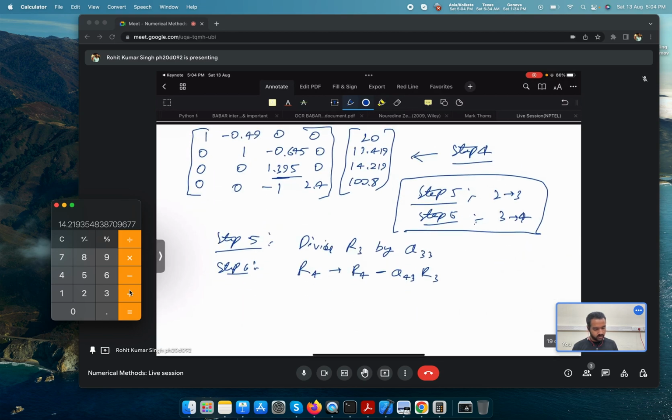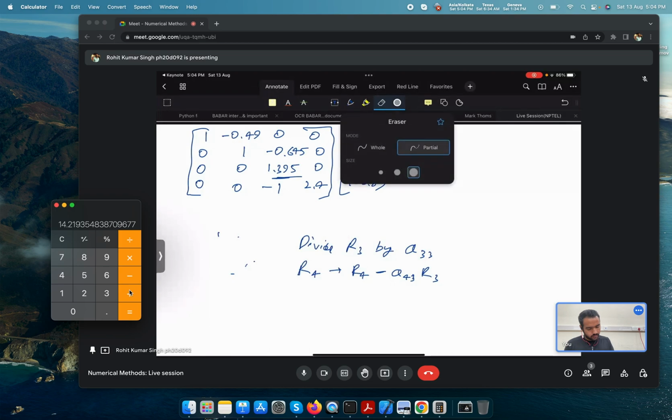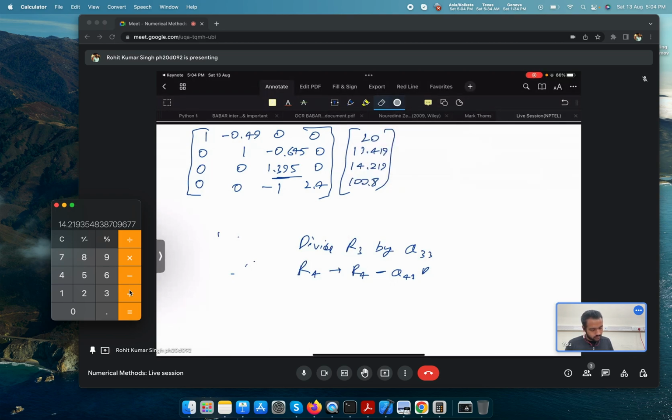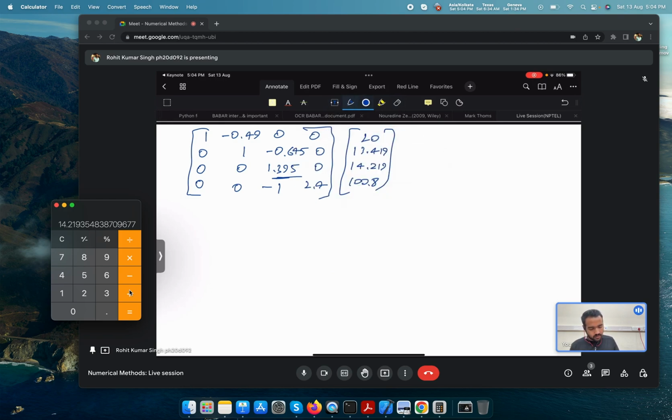Sorry, let me erase this so that I can fit it in the slide itself. In step 5, I'll divide row 3 by A33.